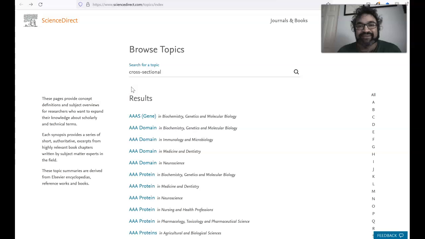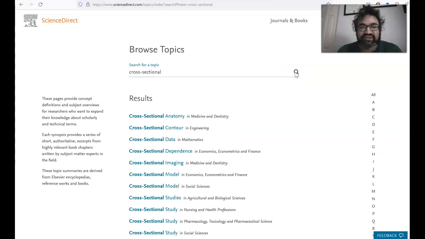I wanted to especially explore the cross-sectional topic. So when I do that, I typed in cross-sectional. There's several choices that pop up here, and maybe try the cross-sectional model in social sciences, but that's not quite fitting the bill here.